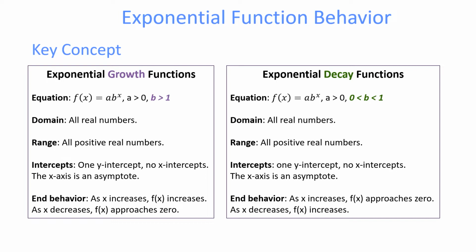Again, there will be one y-intercept and no x-intercepts, as the x-axis is an asymptote. However, the end behavior will change. As x increases, f of x approaches 0, and as x decreases, f of x increases.